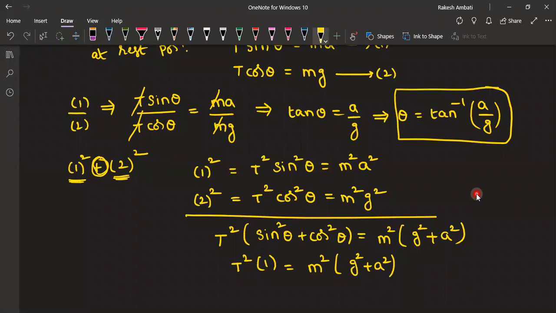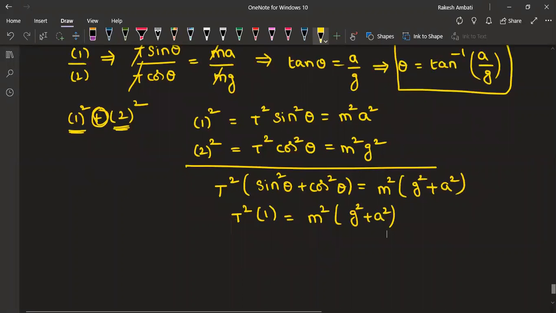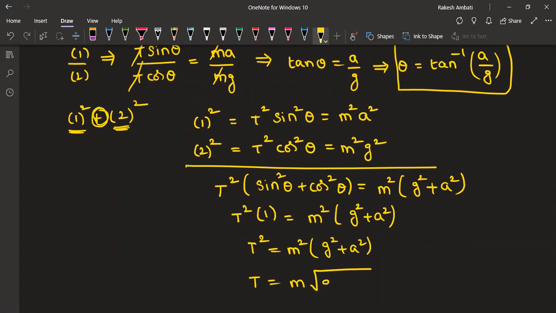Therefore T square equals m square into g square plus a square. Taking the root, we get T equals m into root over g square plus a square. This is the value of the tension force in the string.